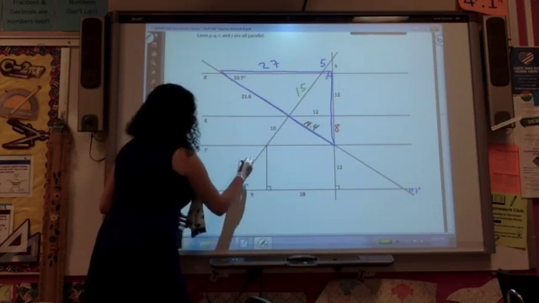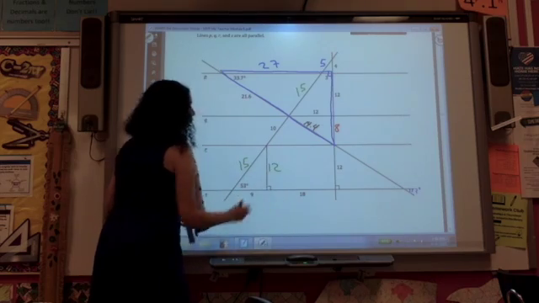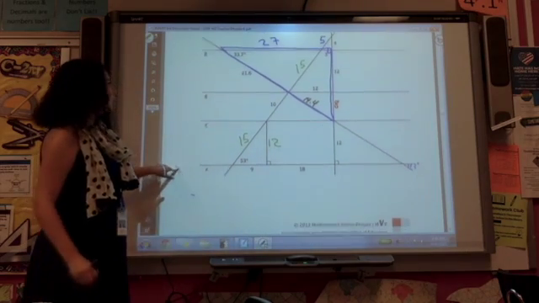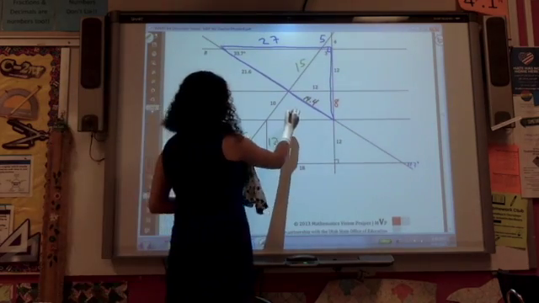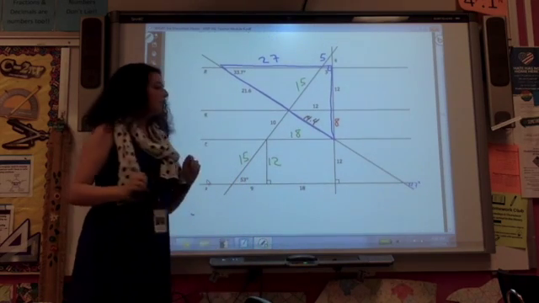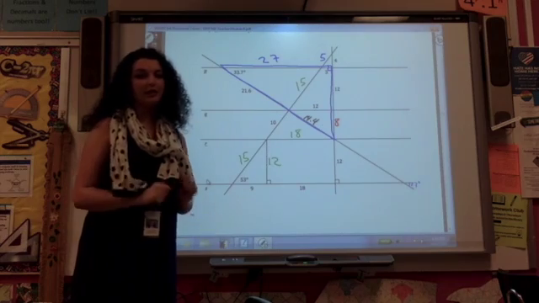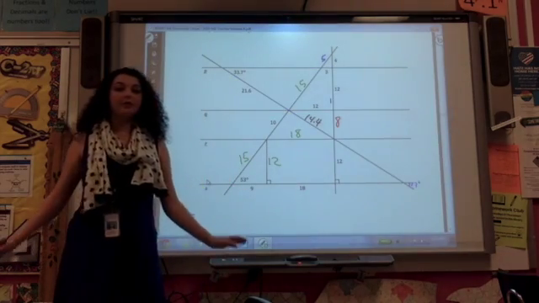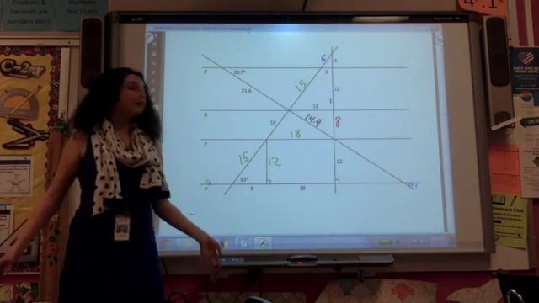Just clearing things up. And then we said before that this was 18 here. Finally, the last one is going to take a little bit of creativity. So I'm going to create my own rectangle.